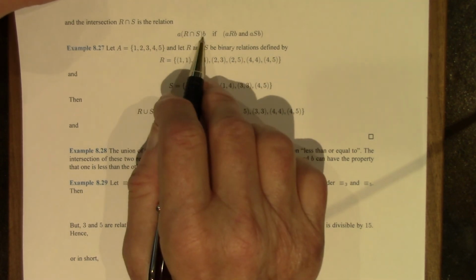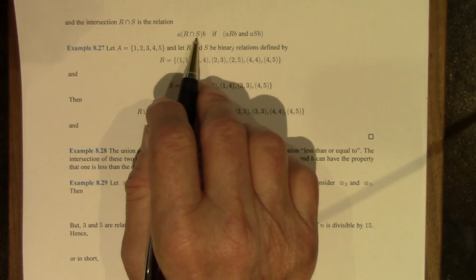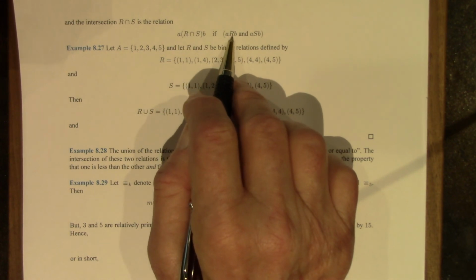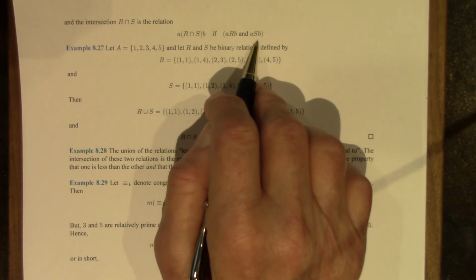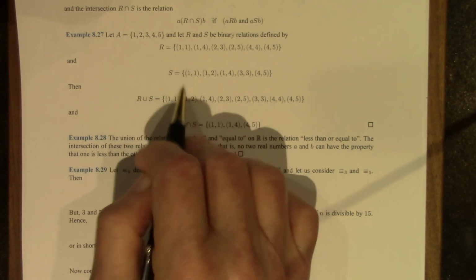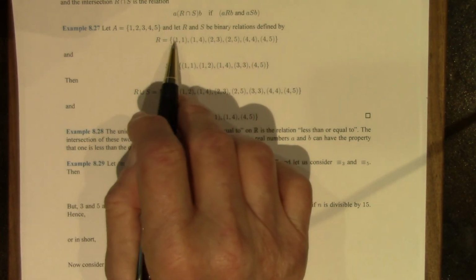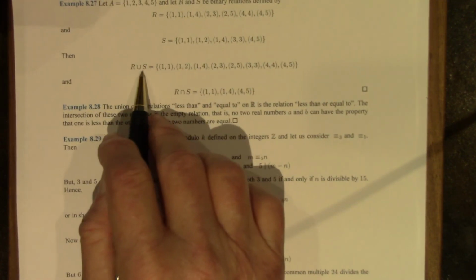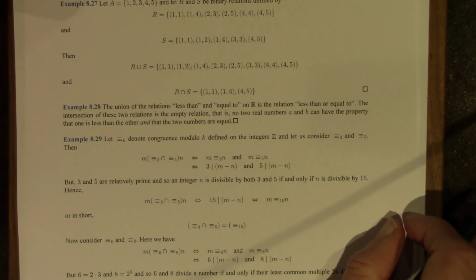A is related to B under R intersect S if A is related to B under R and also under S. So here's an example, and it's hardly worth fussing over because we're just taking the union of two relations. Here's the ordered pairs for R, here's the ordered pairs for S. You take the union and you take the intersection. So that's pretty straightforward.